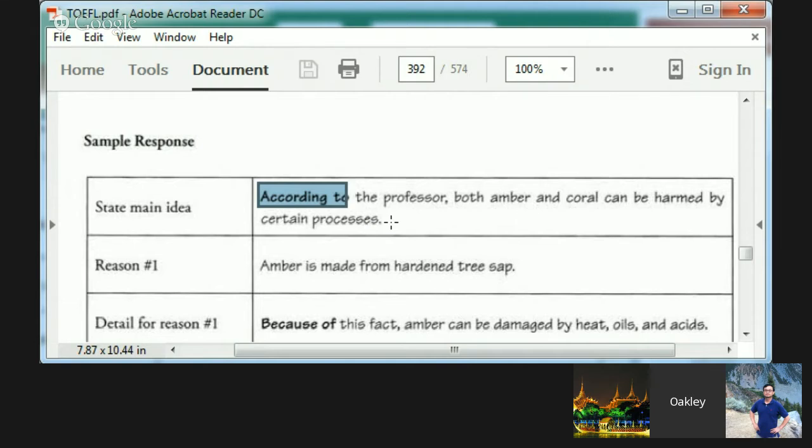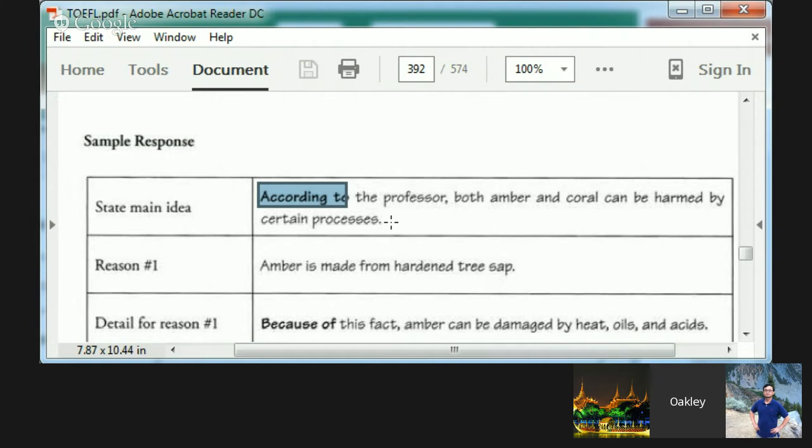All right. Now here's another thing with this question, number 6. There are probably a dozen different first sentences, dozens of different ways you can attack this question. You might say, okay, I would have said the professor is talking about gemstones.